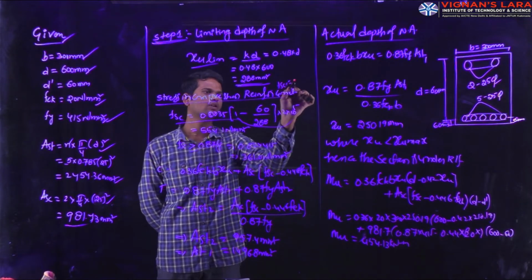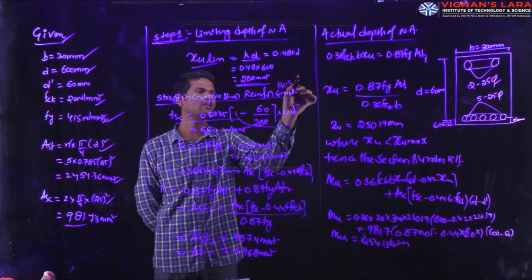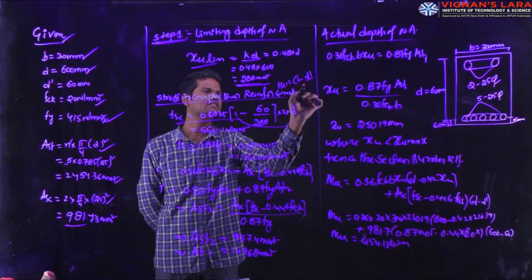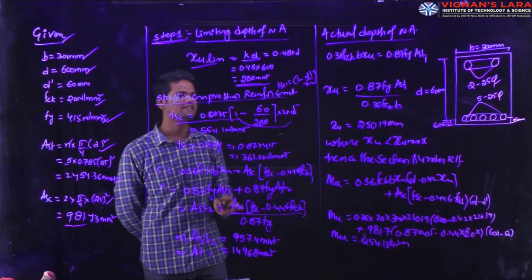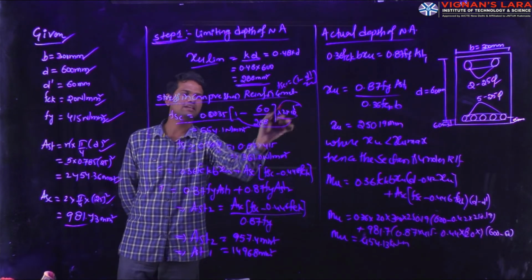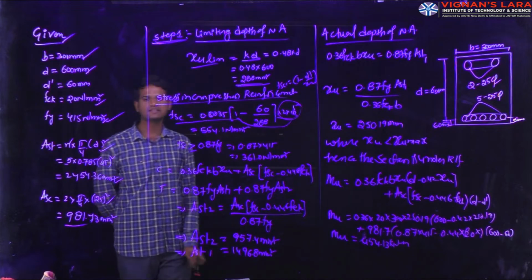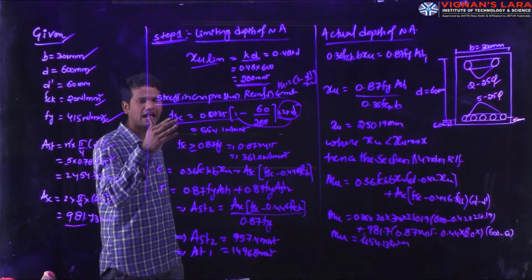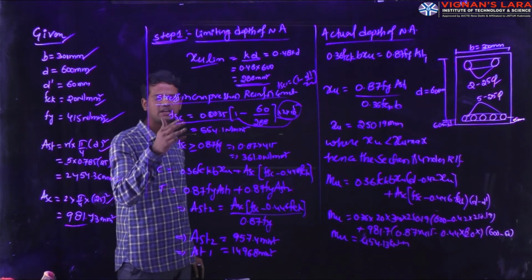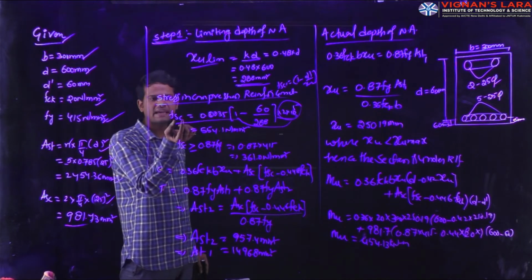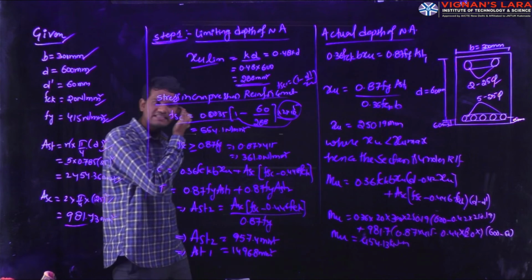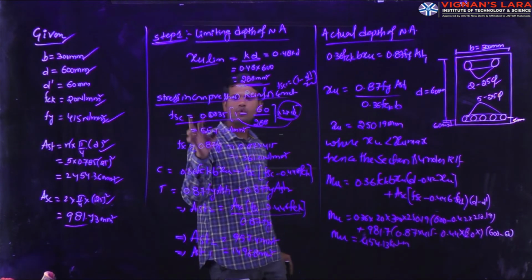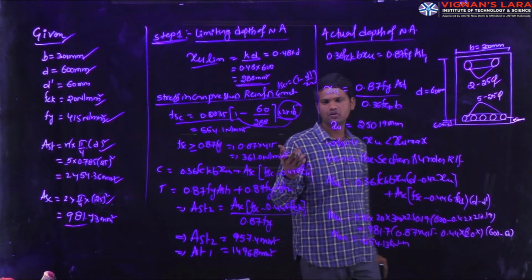FSC equal to 0.0035 into 1 minus d dash divided by XU max, into Es, where Es is the modulus of elasticity of the steel. If you have the code book IS 456:2000, based on this strain value, by seeing the table value, we can get the FSC value directly.